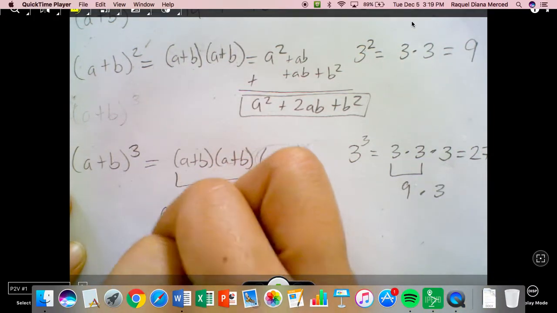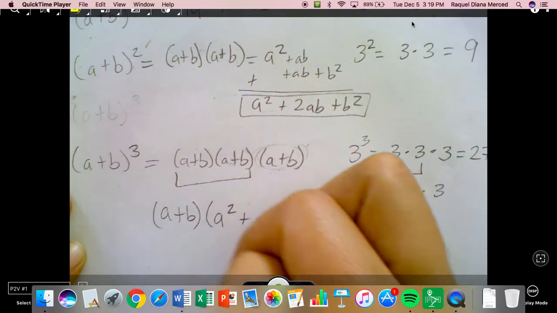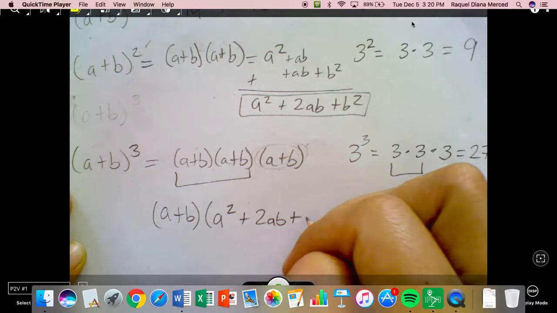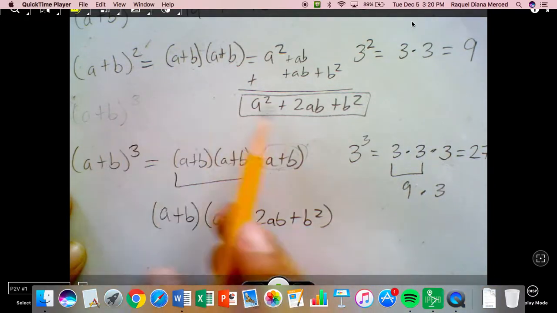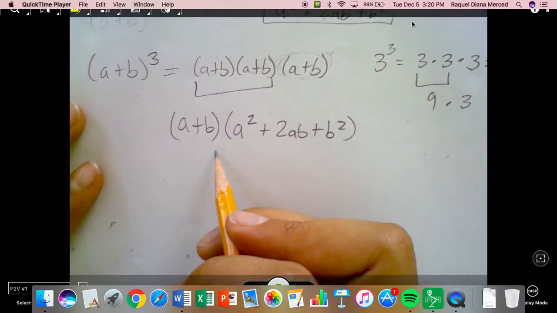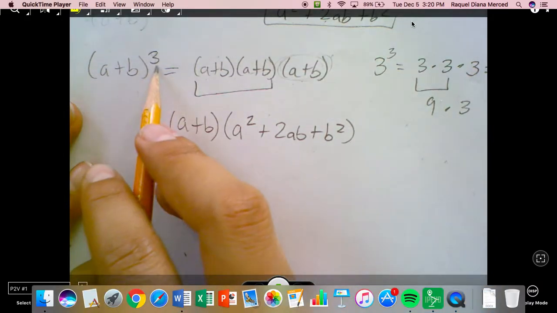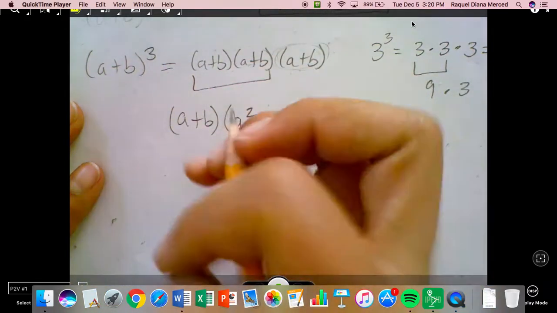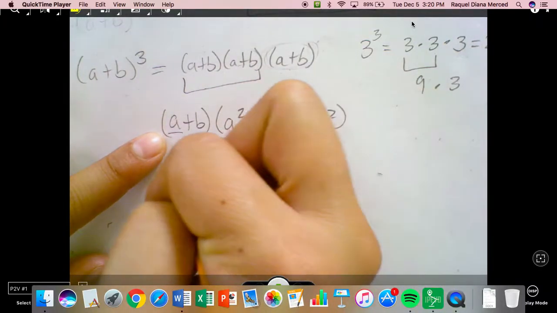So a plus b, and then here I'm going to use the trinomial that I figured out in the expansion in the problem above. So here is now my expansion that I'm working on to get a plus b to the third power. So a times a squared is a to the third.